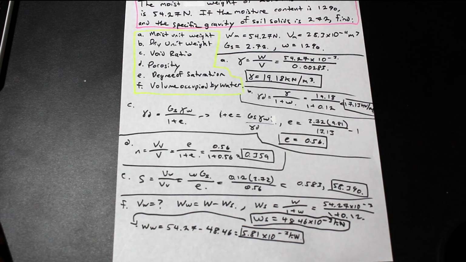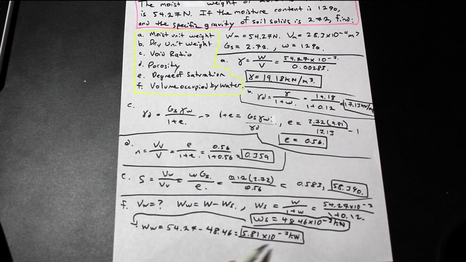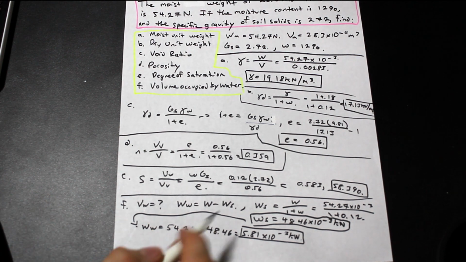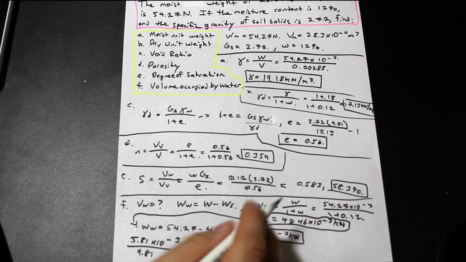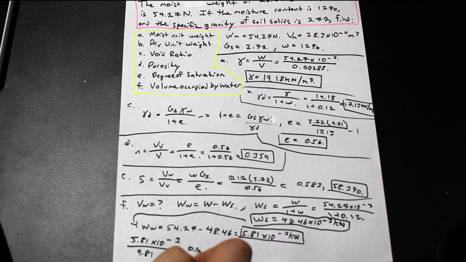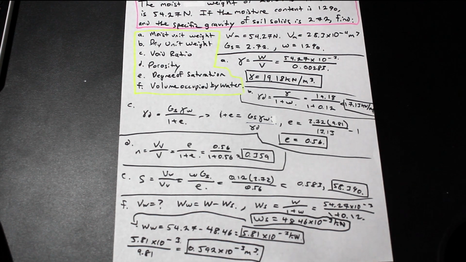So if we divide the mass by the density, that's going to give us the volume. We know the density of water, so we have 5.81 times 10 to the negative 3. We divide that by 9.81, density of water, and that's going to give us 0.592 times 10 to the negative 3 meter cubed. This is the volume that's occupied by water within the soil sample.